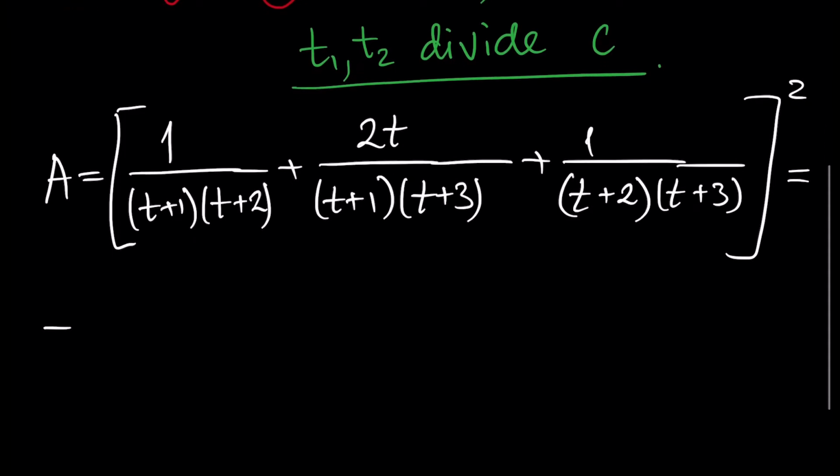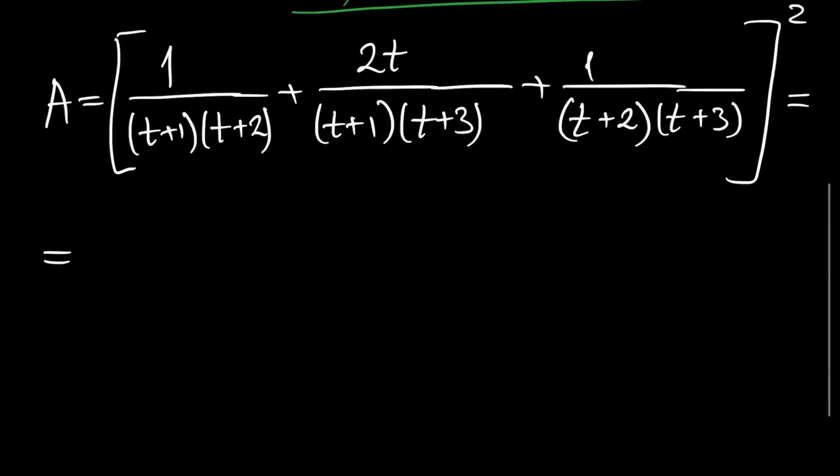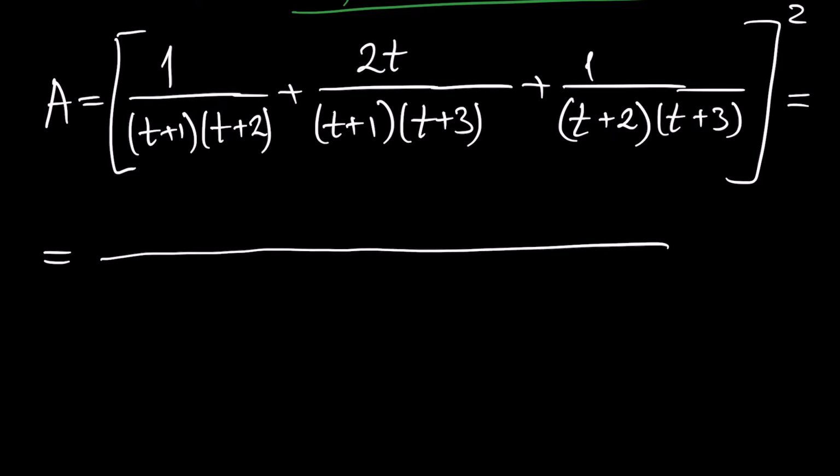Now, if we perform a summation of these three algebraic fractions inside the brackets, we will have a total fraction, and the denominator of this fraction will be a common multiple of these three denominators: t plus 1 times t plus 2 times t plus 3.